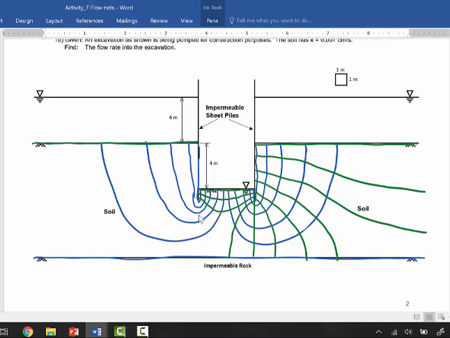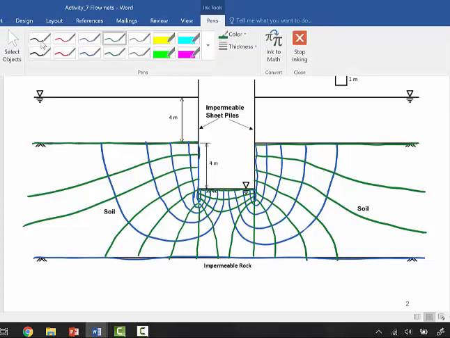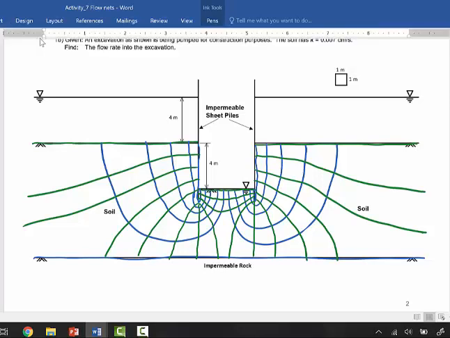And obviously this would be symmetric on both sides. Like so.